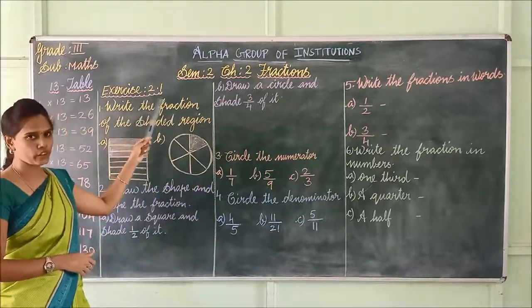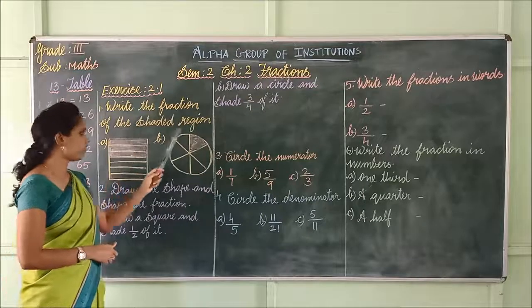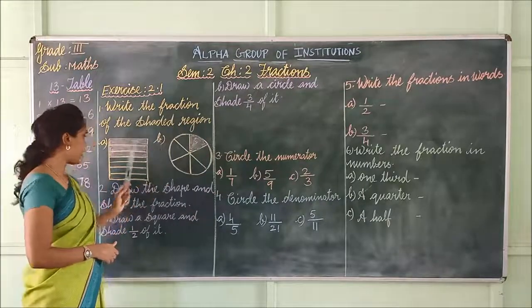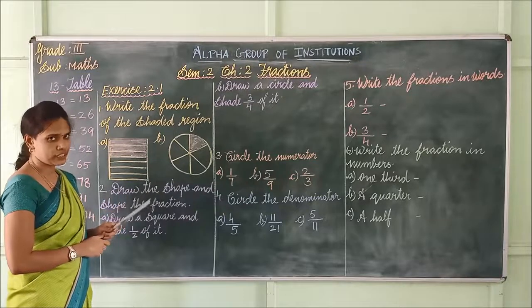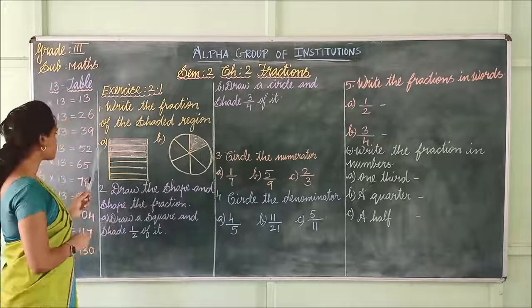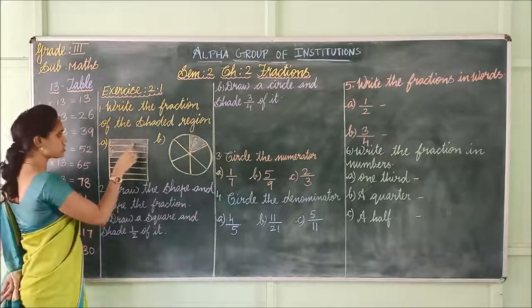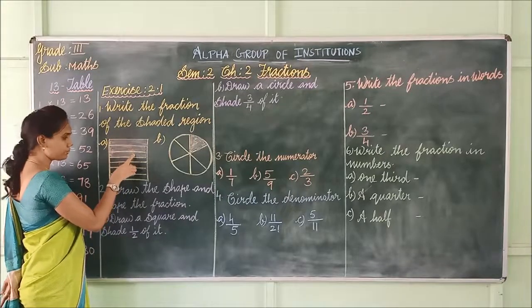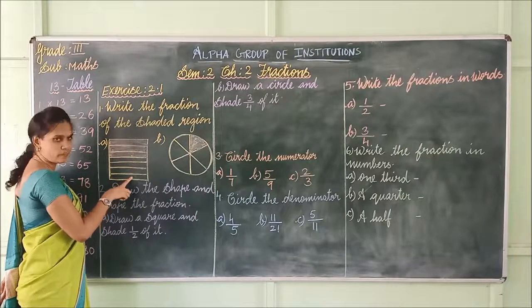Exercise 2.1. Write the fraction of the shaded region. We have to write the fraction for the given picture for the shaded regions. See the first one. Totally how many parts are there? Shall we count? 1, 2, 3, 4, 5, 6, 7.